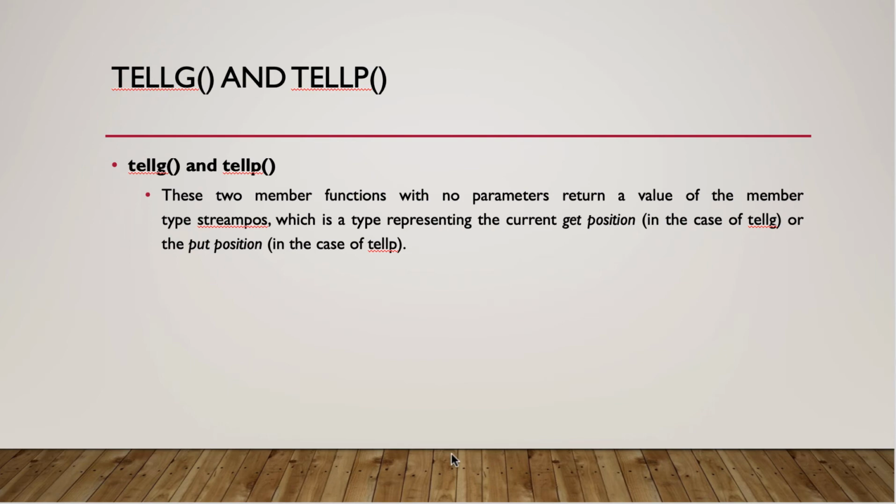This is a new type that we're introducing here, representing the current get position in the case of tellg, or the put position in the case of tellp. Running tellg or tellp, you can get back your position in the file.